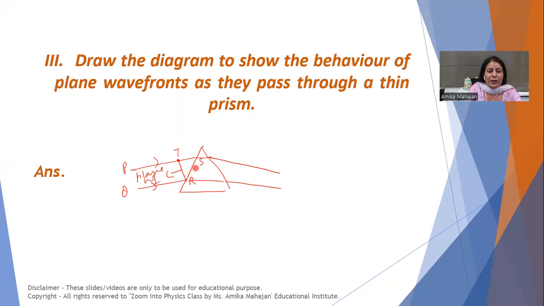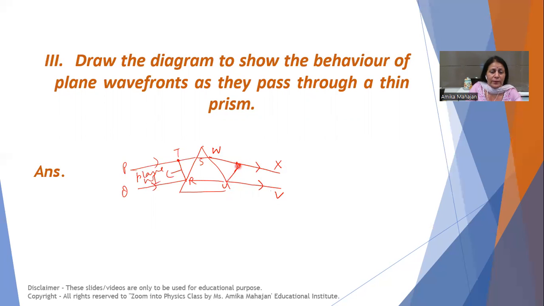After undergoing refraction at these two ends, this UV is the emergent ray. Similarly, WX is also emergent ray. What I do? I take segment equal to UV on WX and mark the point here.